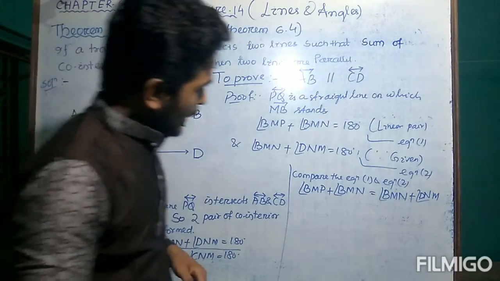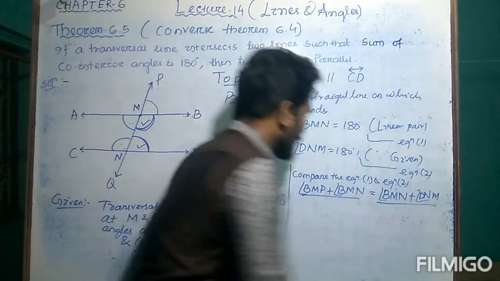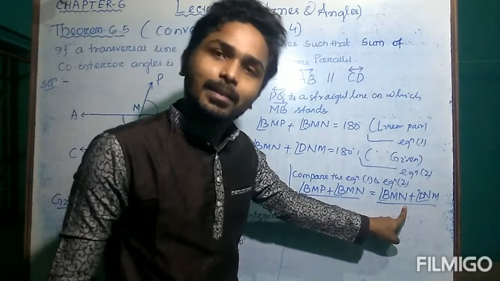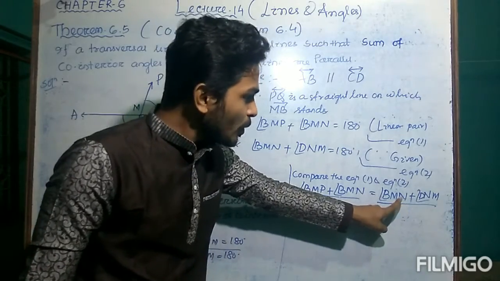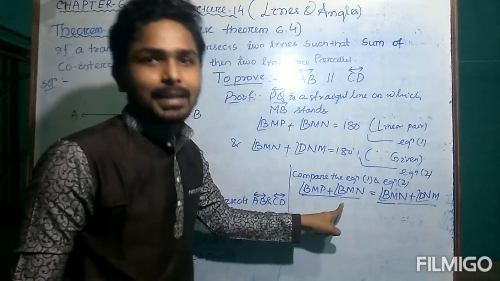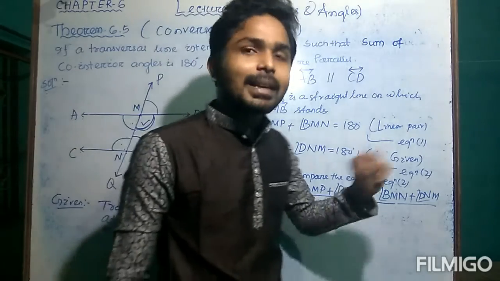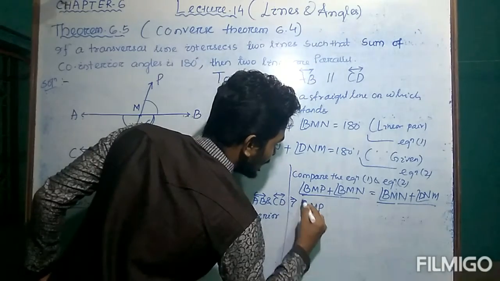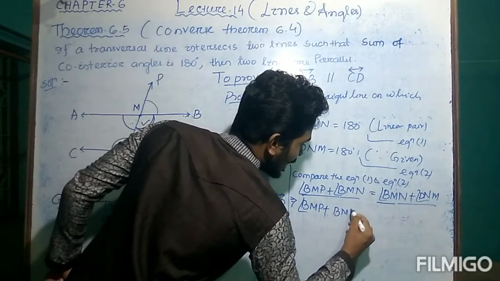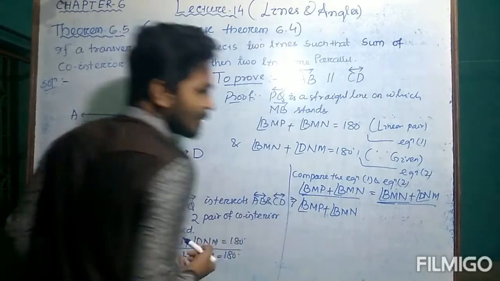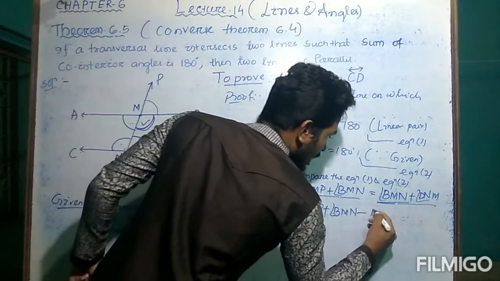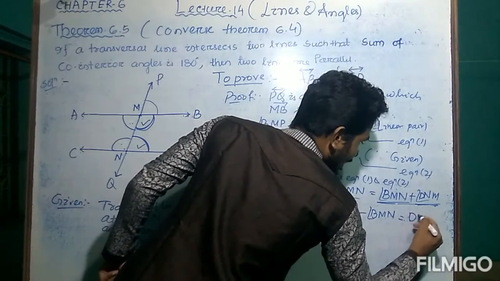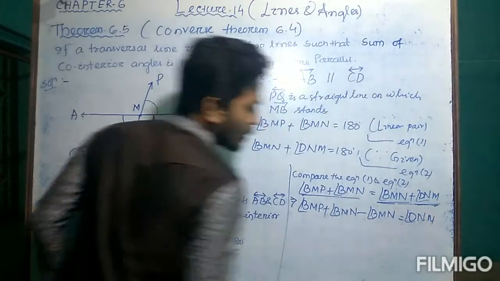Okay, so you can see in these two sides, the left hand side contains BMN and the right hand side also contains the angle BMN. So what we will do? We will take this BMN to the left hand side so that these two can be cancelled out. So we get BMP plus BMN, and when BMN is taken to the left hand side it will be minus BMN, is equal to what remains in the right hand side, DNM.